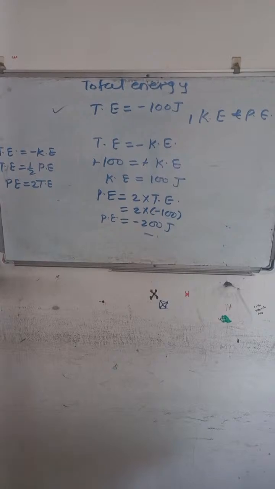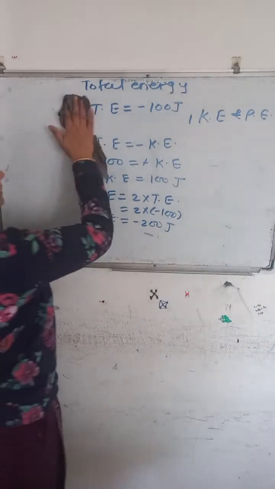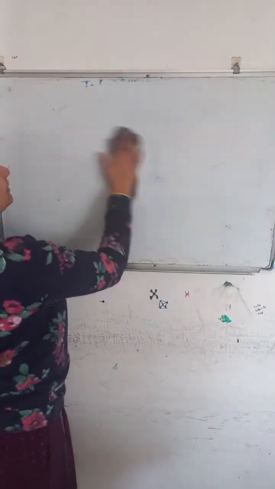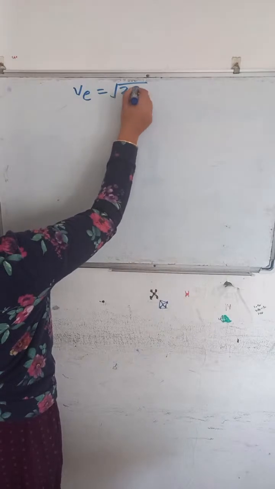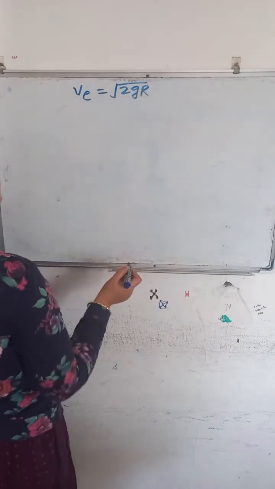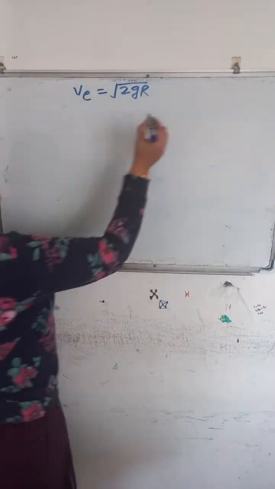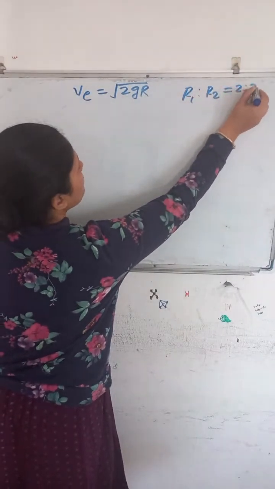So very simple expressions. We can use the final expression for getting this answer. Just now we did the escape velocity VE is nothing but root of 2gR. Okay, this expression we got. So according to this question, there are two planets with radius ratio 2:3. Okay, R1 is to R2 is nothing but 2:3.